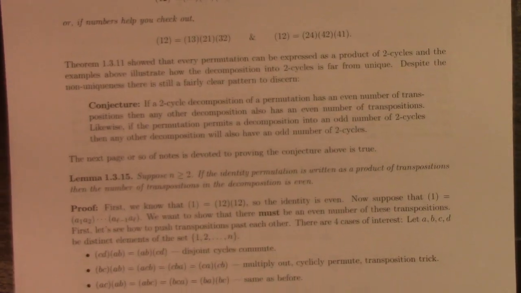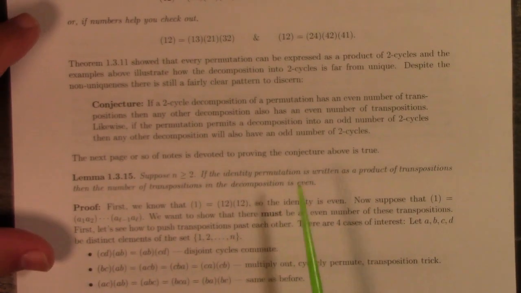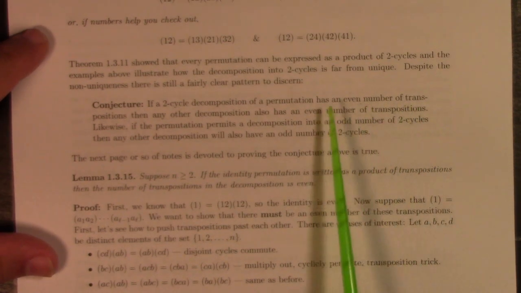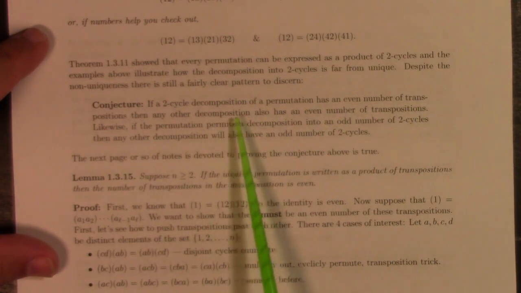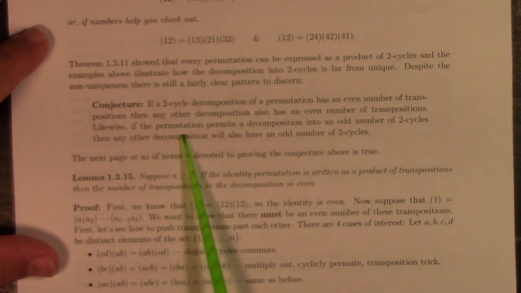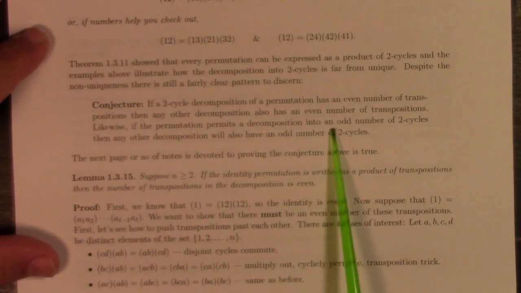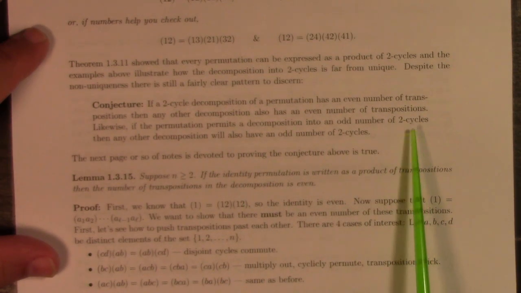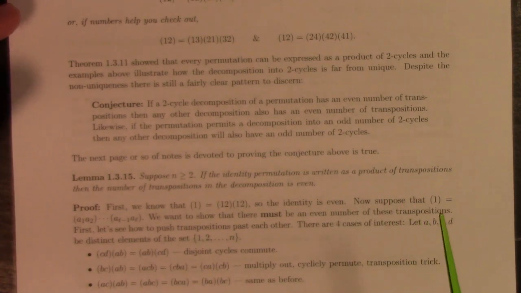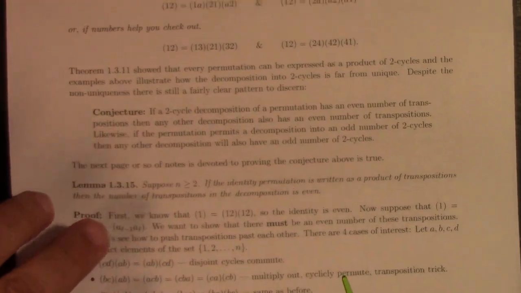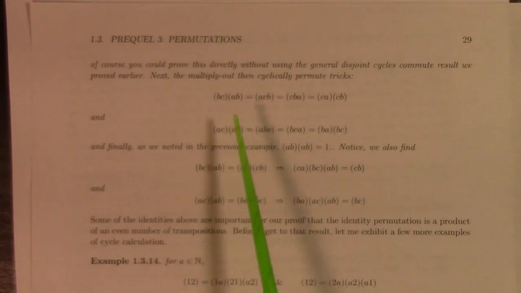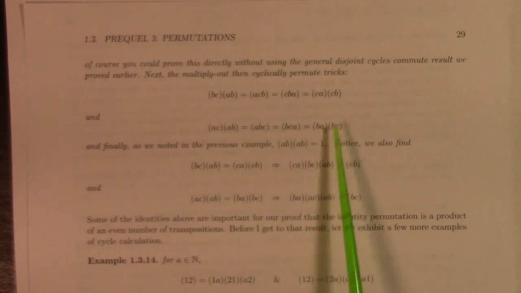Anyway, here's the conjecture. If a two-cycle decomposition of a permutation has an even number of transpositions, then any other decomposition also has an even number of transpositions. Likewise, if a permutation permits a decomposition into an odd number of two-cycles, then any other decomposition will also have an odd number of two-cycles. You can see that in some of these identities: 1, then 3, 1, then 3. Started with 2, ended with 2.